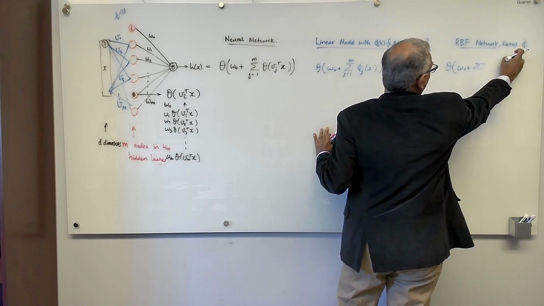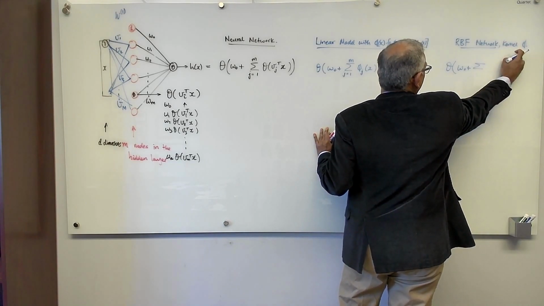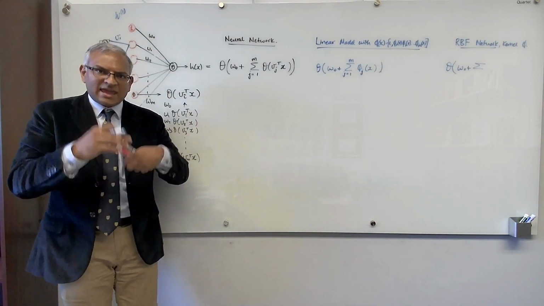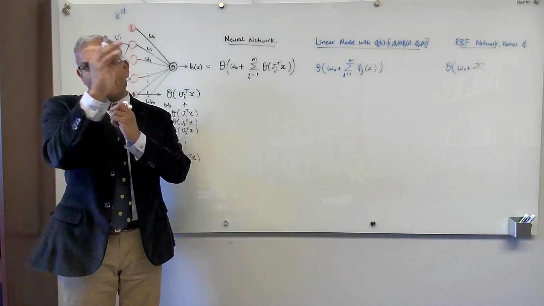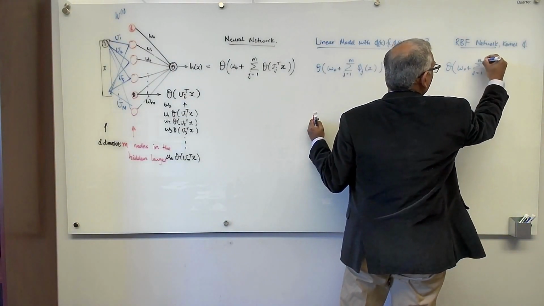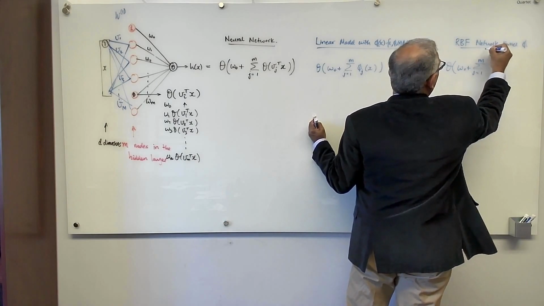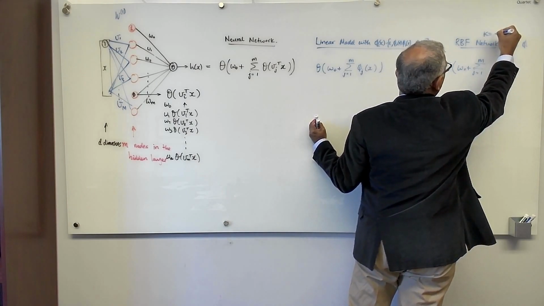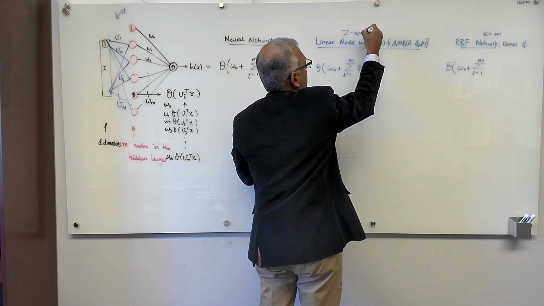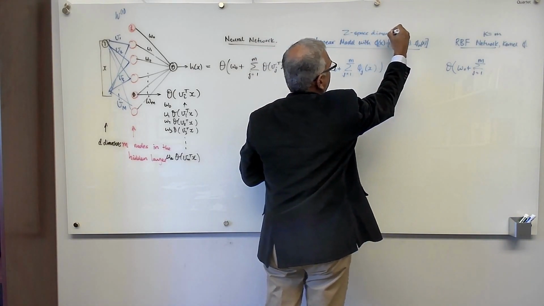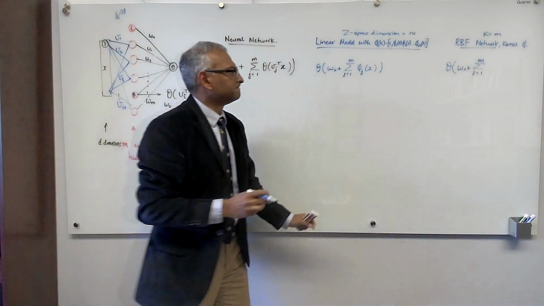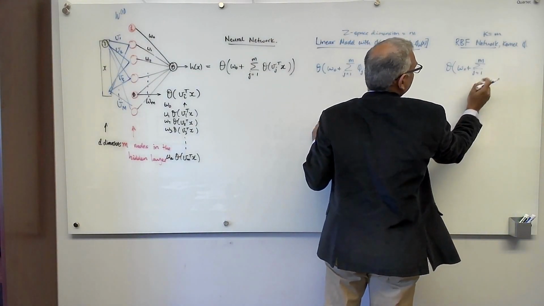Let's assume we are doing the RBF network with m centers, so m bumps. So we have the sum from j equals 1 to m. Here k equals m, the z space dimension equals m. This is just to compare.